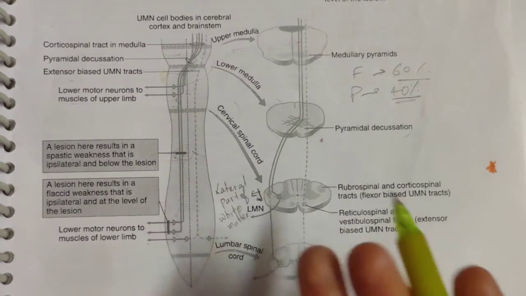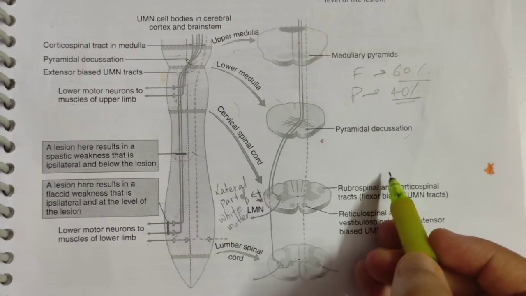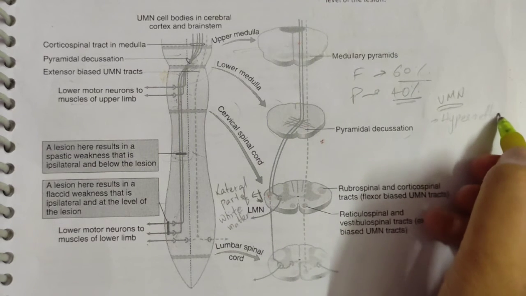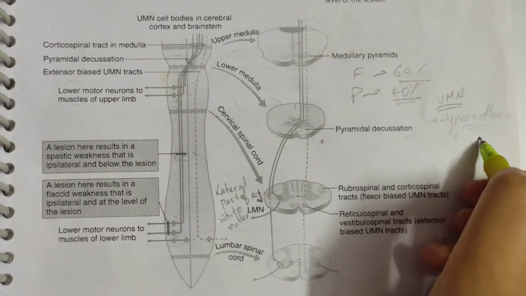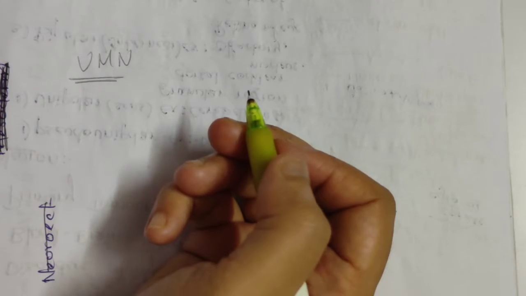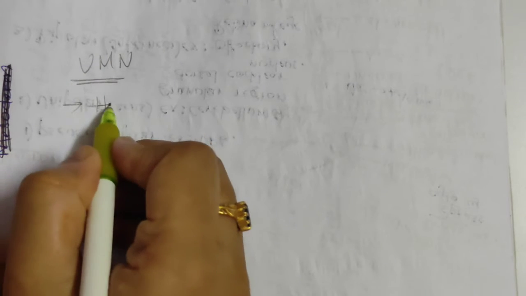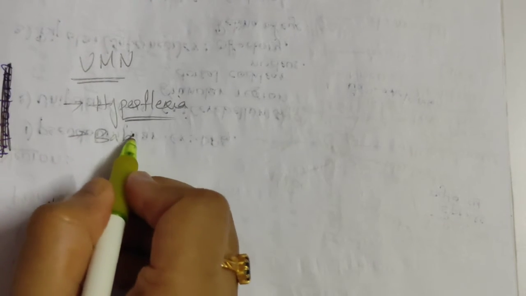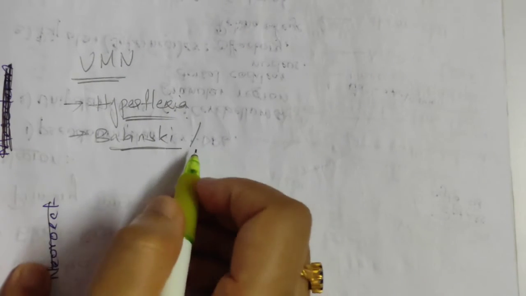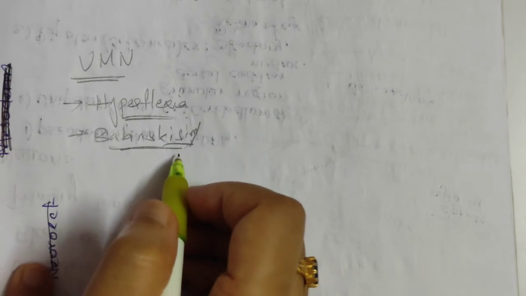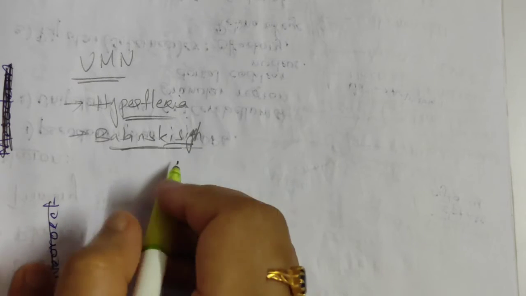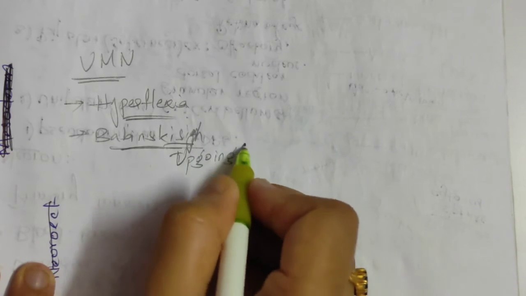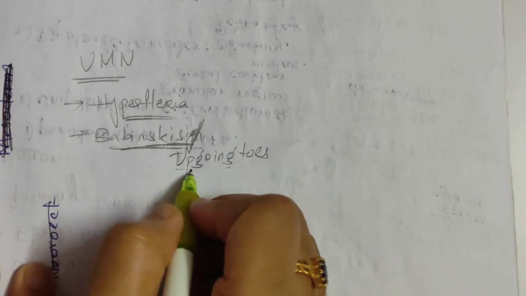We discussed in the previous video that an upper motor neuron lesion results in hyperreflexia, that is, exaggerated reflexes, and also the Babinski sign is present. The Babinski sign is a test used for upper motor neuron testing, in which the toes of the foot are upgoing. In questions they may ask you about the Babinski sign, or they may refer to it as upgoing toes.